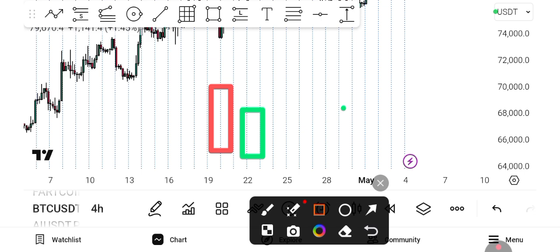So the general rule for the piercing line: the second candle, which must be bullish, must be above half the size of the first candle, but must not be equal to the size of the first candle. Okay, it's just like an uncompleted tweezer. Hope you get it.